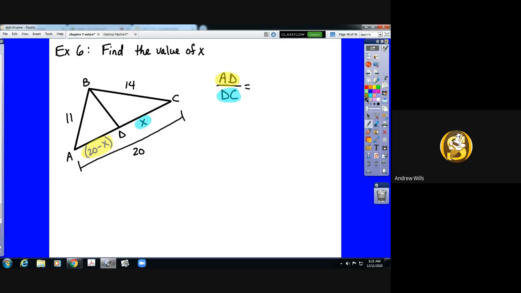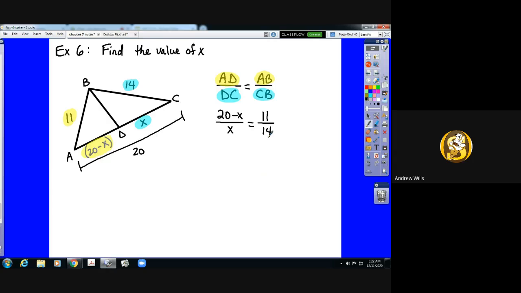And then on the other side, we set up the remaining side lengths, which are AB and BC. Plug in your numbers. So that would be the proportion 20 minus x over x equals 11 over 14.